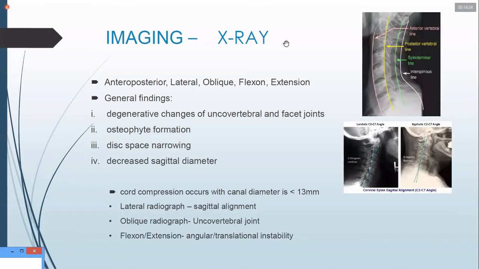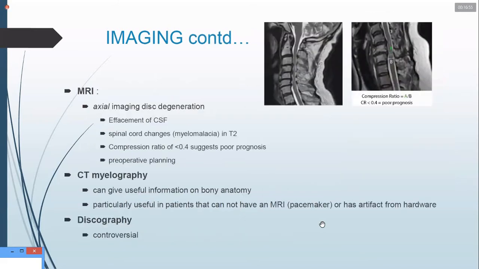The general findings, as we have already discussed, are degenerative changes, osteophyte formation, disc space narrowing, and decrease in the sagittal diameter. Cord compression usually occurs when the canal diameter is less than 13 millimeter. Another most important and commonly done investigation is MRI, magnetic resonance imaging.